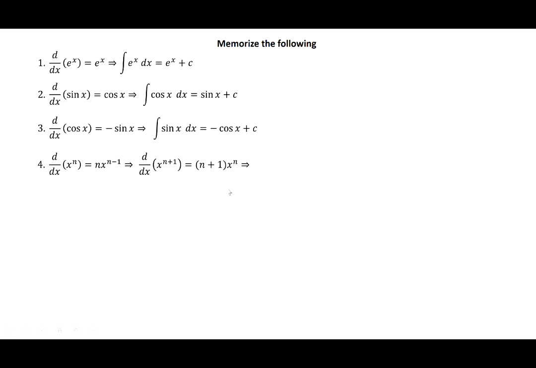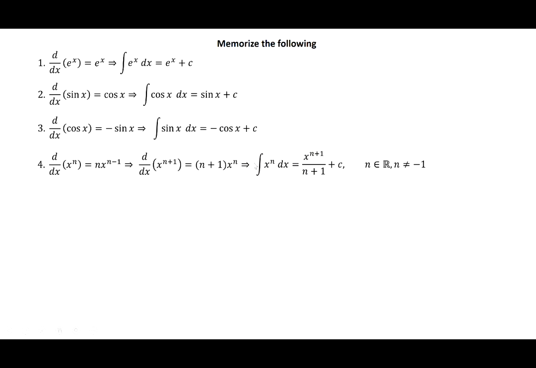Why am I saying this? Oh, that's because now I can say the integral of n plus 1 times x to the n is x to the n plus 1. Isn't that neat? I can say the integral of this right hand side, n plus 1 times x to the n, is x to the n plus 1 plus c.